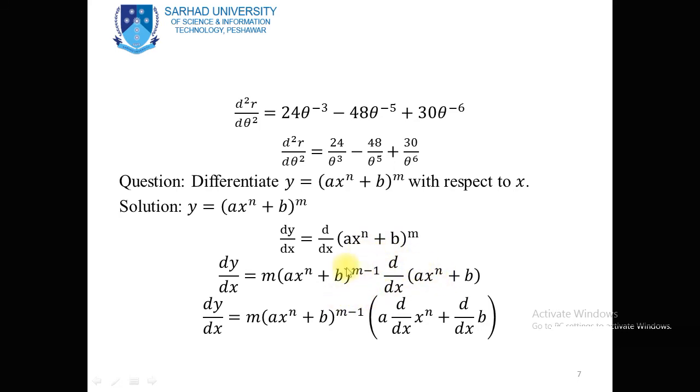So two times we use the power rule. First use the power rule for the whole power, and then again use the power rule for the base. This is the derivative in case of double power of x.